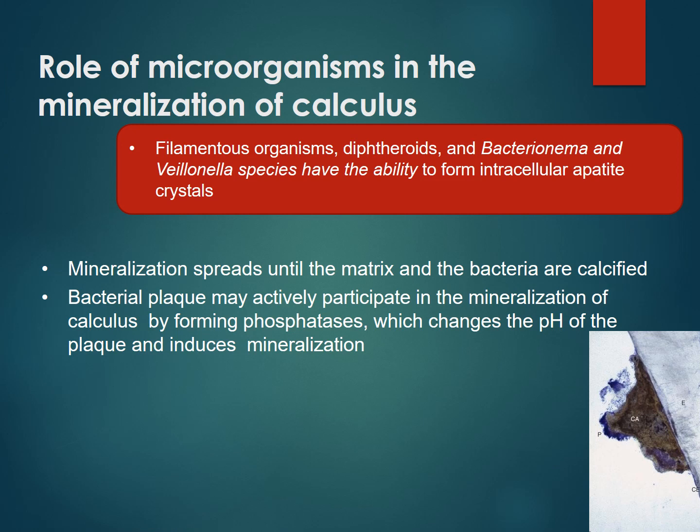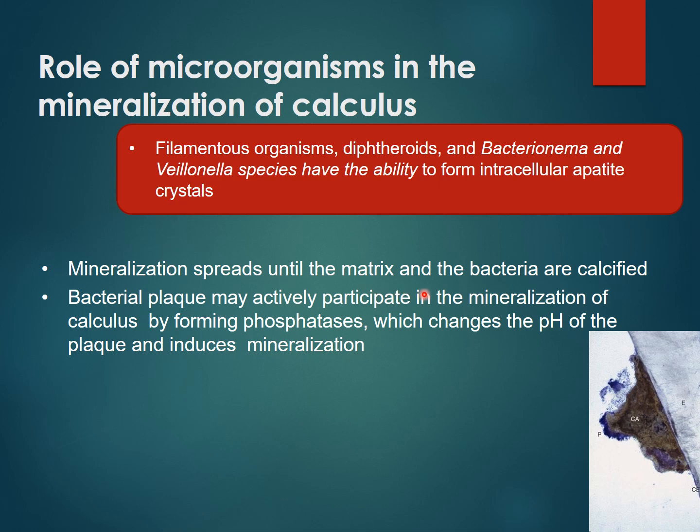Coming to the role of microorganisms in the mineralization of calculus, we have already said that it is not necessary for microorganisms to be present for the formation of calculus, but we have also found that several organisms are associated with the formation of calculus. There are filamentous organisms, diphtheroids, and Bacterionema and Veillonella species, which have the ability to form intercellular aggregate crystals.